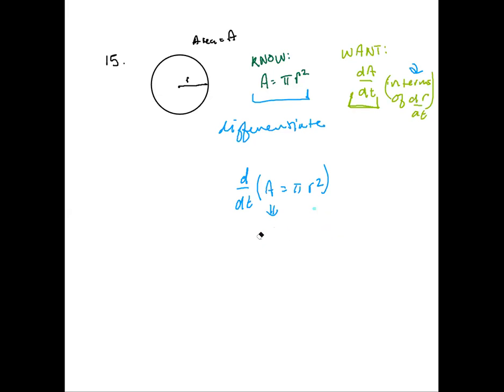So this is that implicit differentiation that we were talking about, and I think 2.6 was implicit. So I'm going to end up with dA/dt is equal to 2 pi r times dr/dt. And now I have dA/dt in terms of dr/dt.